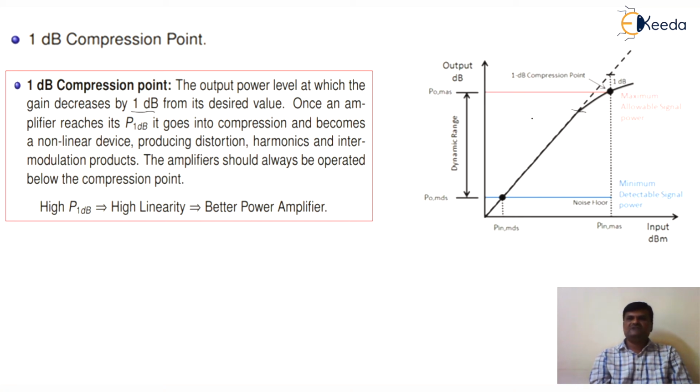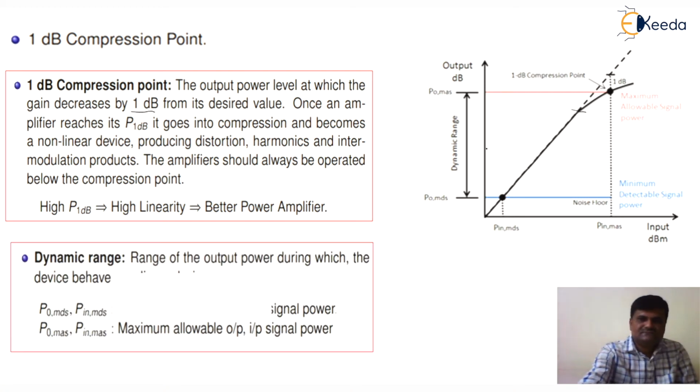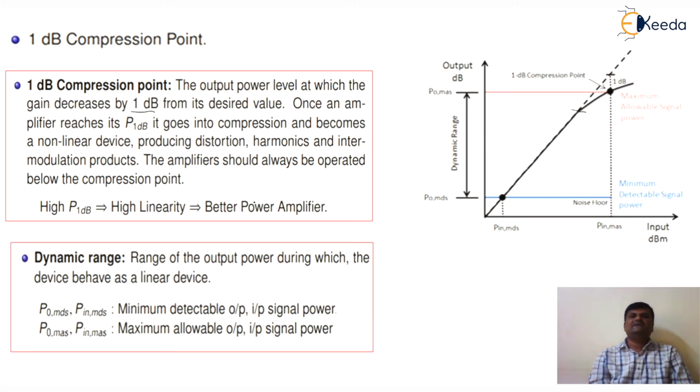The range of this linearity is represented by the dynamic range. Dynamic range is the range of the output power during which the device behaves as a linear device.